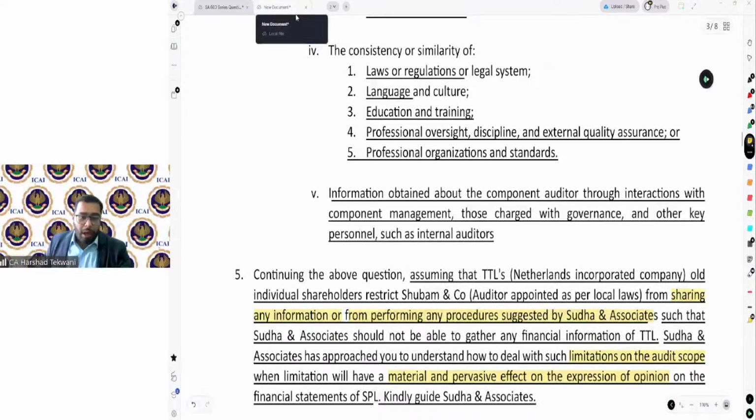See, in this case, it is very important to understand what is the impact if I do not get the information as required. If I don't get the information as required, what should be the impact on my opinion? That's very important to understand.